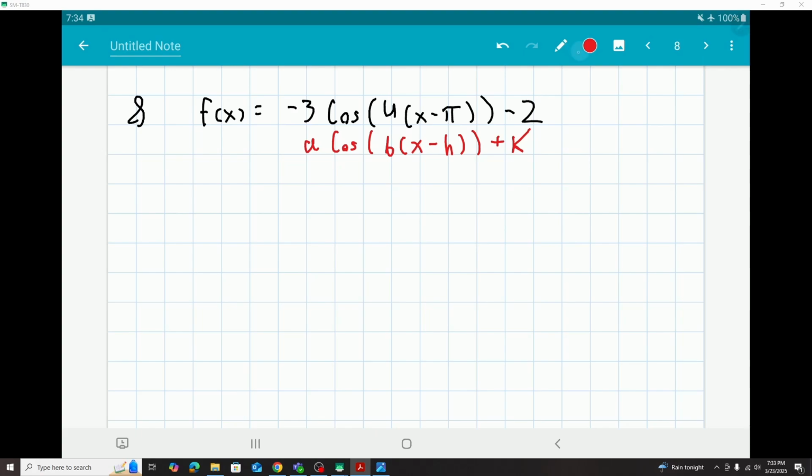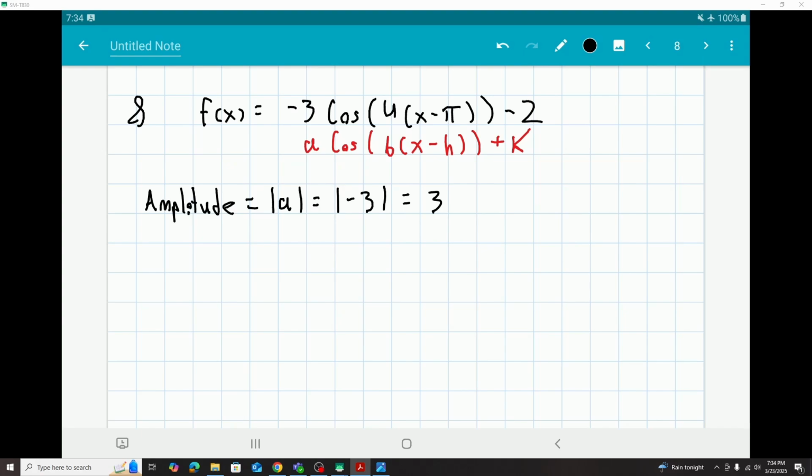So the amplitude is always just the absolute value of a, whatever's in front of your sine or cosine. That's the absolute value of minus 3, or in other words, our amplitude's just 3. So remember, amplitude is always a positive number, but that's easy to fix. If it was negative, just make it positive. So the amplitude is 3.